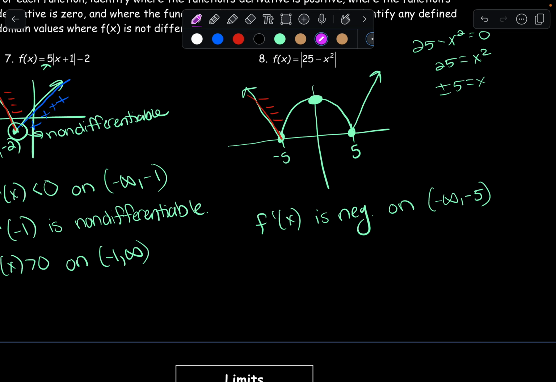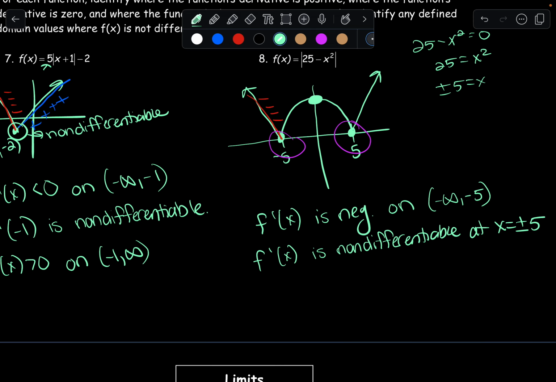At -5, this is non-differentiable. So I'm going to say f prime of x is non-differentiable at x equals, and I see another one at positive 5, so we'll say plus or minus 5.